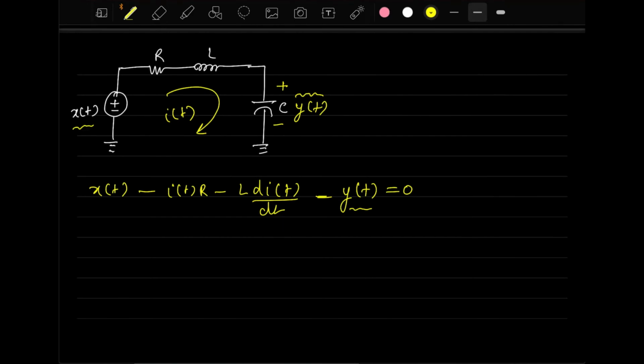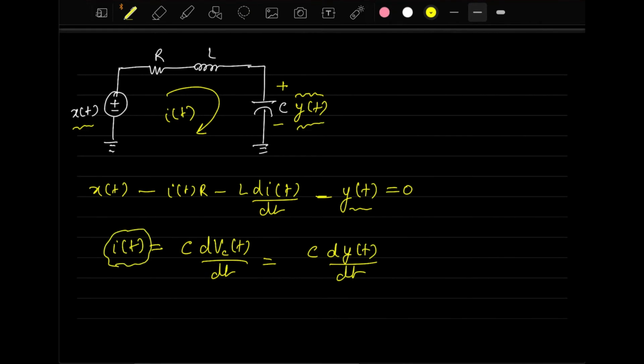And again, you know that the current flowing into this loop is related to the current flowing into the capacitor directly, so we can write it as C dVc(t) over dt. But you know that the voltage across the capacitor is equal to yt, so we can write it as C dy by dt. So this is the only substitution that you want to do here, because this it is C dy by dt.